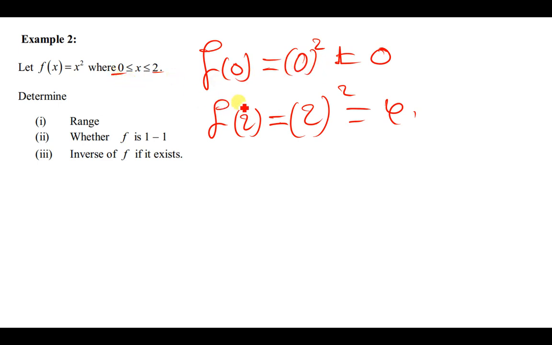Okay, so the range will therefore be equal to. This one, we've not been given the set of numbers that we're dealing with. Since we're dealing with inequalities and the set of numbers is not given, we assume that we're dealing with real numbers. Hence, the range is, let me write it this way, f of x.